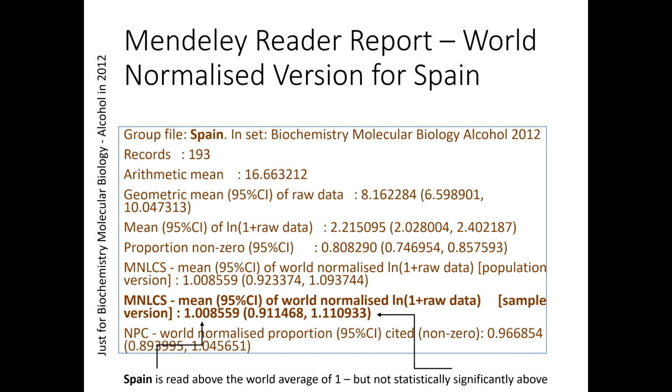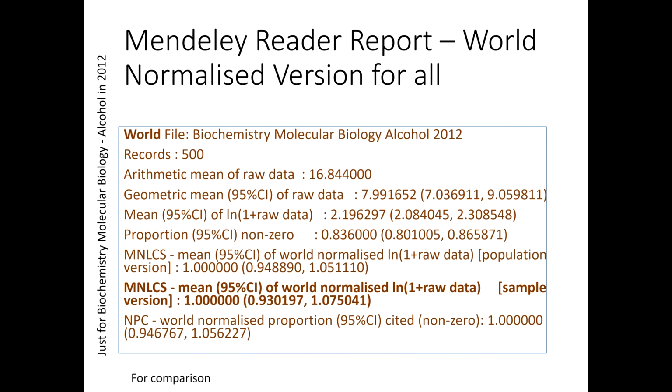It looks exactly as before, exactly as for the citation counts, but these are the Mendeley reader count numbers. But again, the score for Spain, the MNLCS score, is above the world average, but not statistically significantly above the world average, because the confidence interval contains 1, the world average. And again, the world file gives the world average of 1, as always, and a confidence interval around it. We never need this file, but I'm just showing you a comparison.